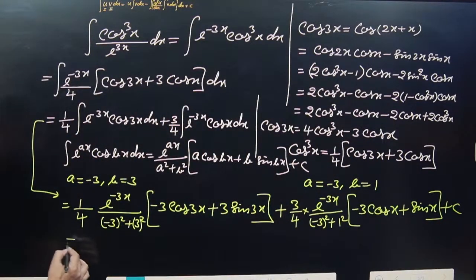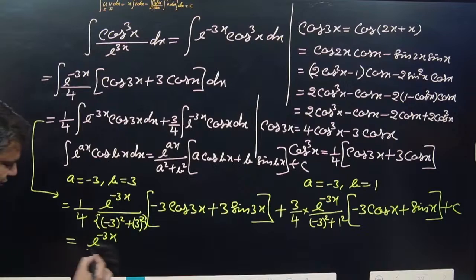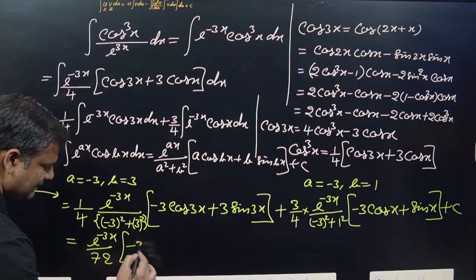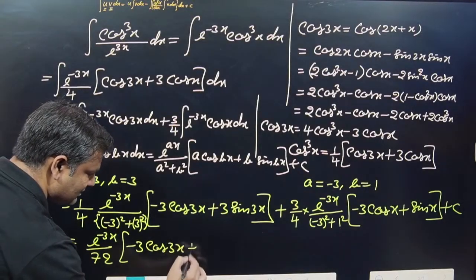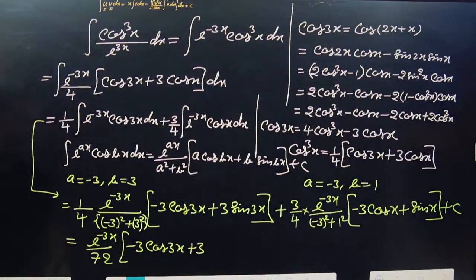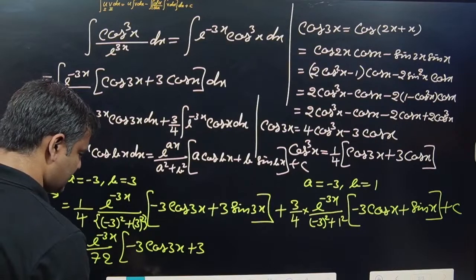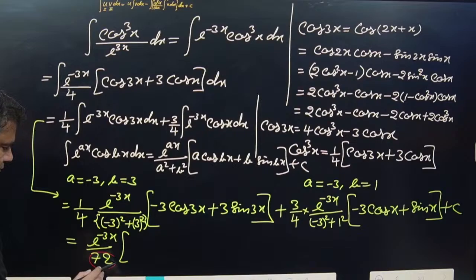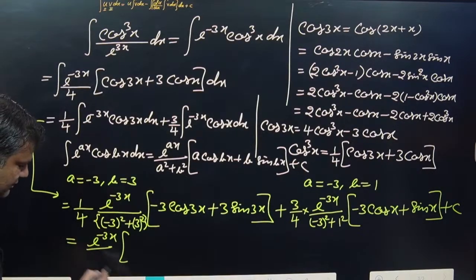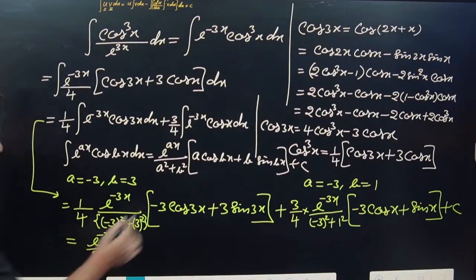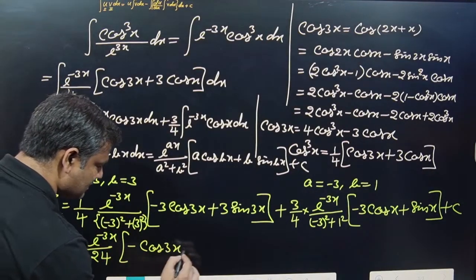Clear? So finally you can say e to power -3x, what about that value? 9 plus 9 is 18, 18 into 4 is 72, this one is 72, into -3 cos 3x plus 3 sin 3x. You can also divide by 3, so this one becomes 24, into minus cos 3x plus sin 3x.